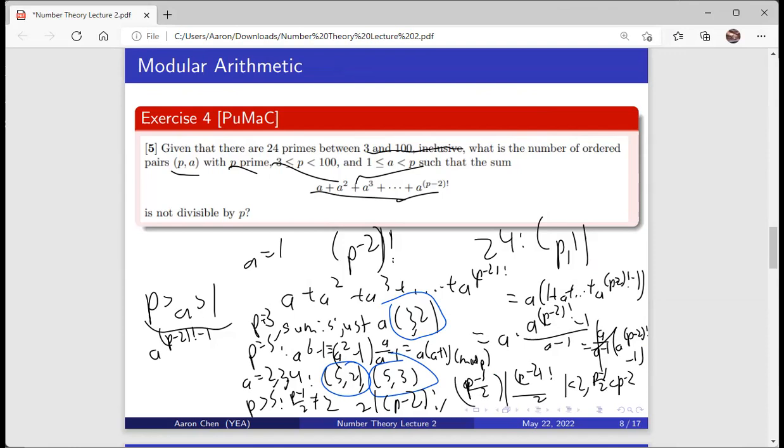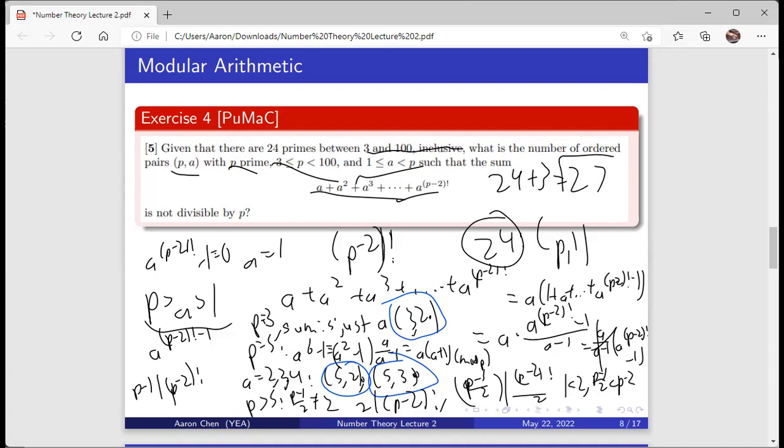And so that means that P minus 1 always divides P minus 2 factorial, because you can multiply P minus 1 over 2 and 2, and that gets you P minus 1. And so by Fermat's little theorem, you can see that this means that A to the power of P minus 2 factorial minus 1 is equal to 0. And so there are no more solutions. So there's 24 plus these 3, circled in blue, so 24 plus 3. And so the answer is 27.